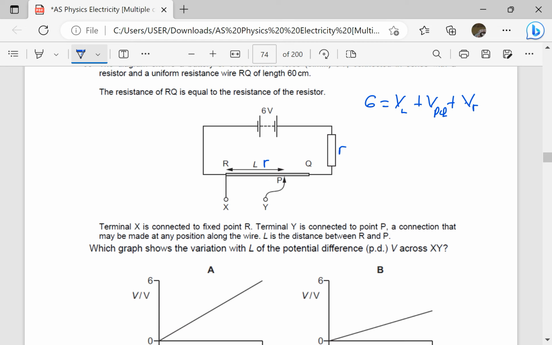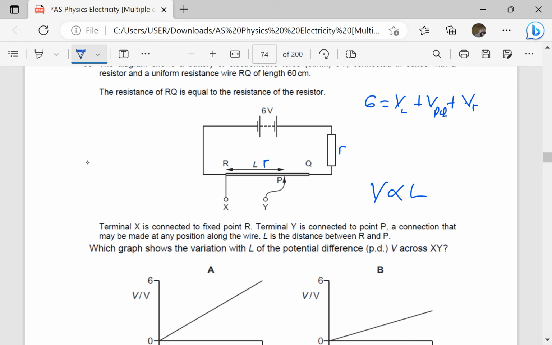So what happens to which graph shows the variation with L of the potential difference V across X, Y? Of course, PD is directly proportional to length. PD is directly proportional to length. We expect a straight line.